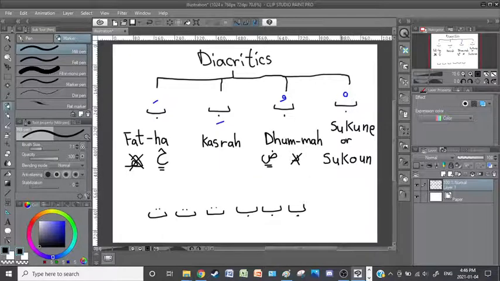Maybe I should leave the sukoon. Yeah, we will cover the sukoon separately because we need to perform something to help with the pronunciation. So we will cover those 3 first, the fatha, the kasra, and the dhamma.